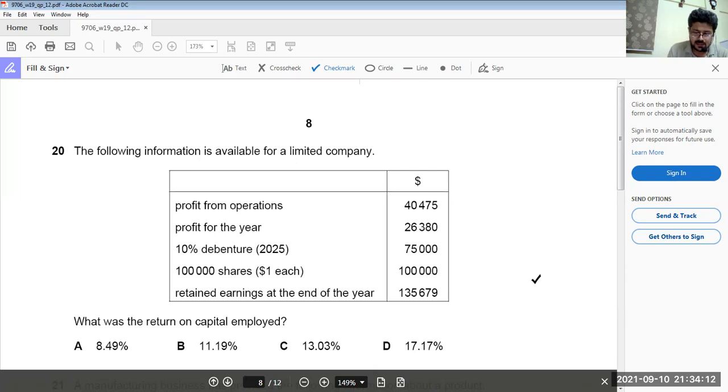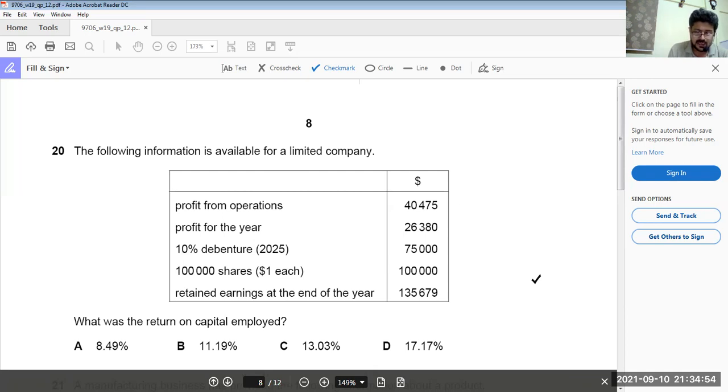Long-term liabilities 75,000 plus equity, meaning 100,000 share capital and 135,679 retained earnings. Total 310,679. Now for the return, we are not going to take profit for the year. We are going to take profit from operations.